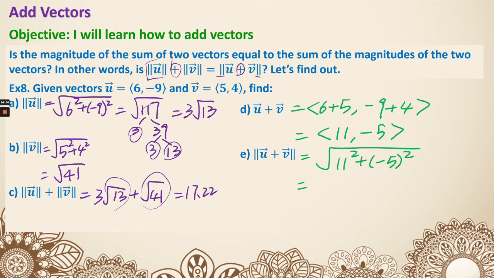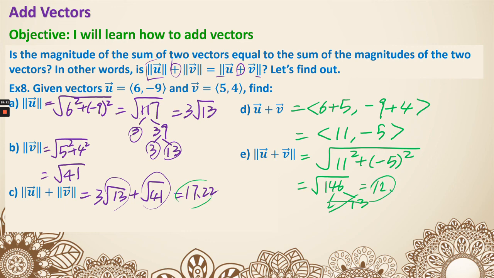That's 121 plus 25, which is 146. We can try to take it apart as a 2 and a 73, but 73 cannot go any further. So we are going to stop right there, which is the square root of 146. If you put it in your calculator, that is going to be slightly over 12. But clearly, these two numbers are not the same.